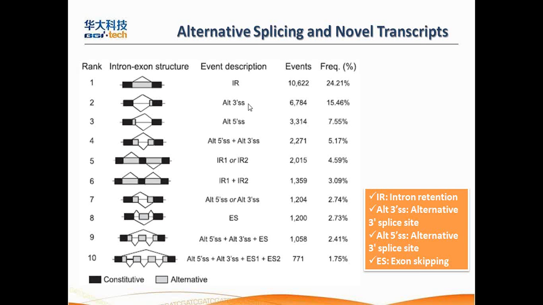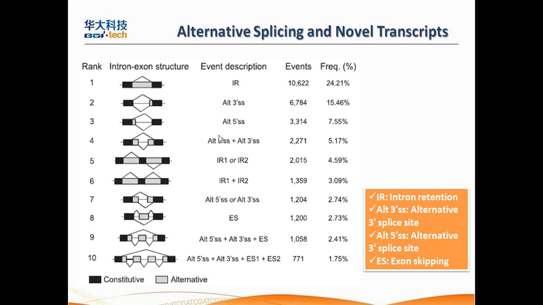So this is another kind of alternative splicing event we call ALT3'SS, and this is another one, similar to this one, but it happens in the 5' end.